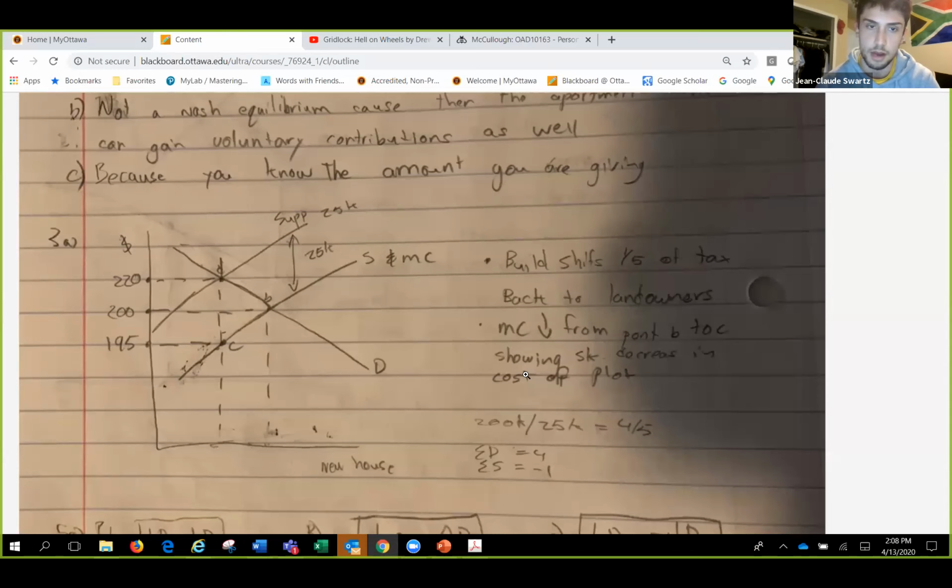Then you times that 200 divided by 4/5, and then it gives you the 220K. That's how you get the values. Okay. And the same for the 195, which is the 5,000 that goes to the landowners, the part that they have to pay, which is 1/5 of that, and then the marginal cost thing is $25.